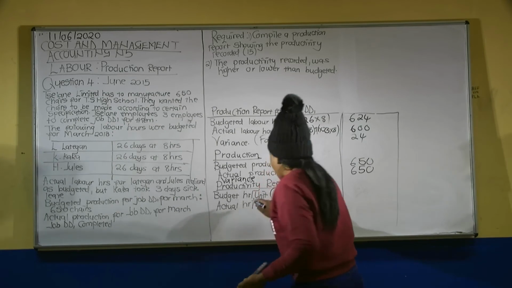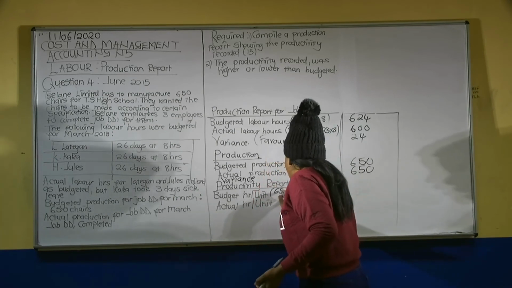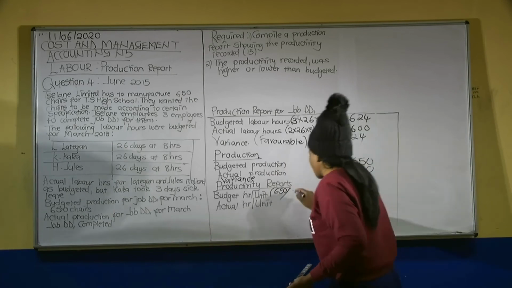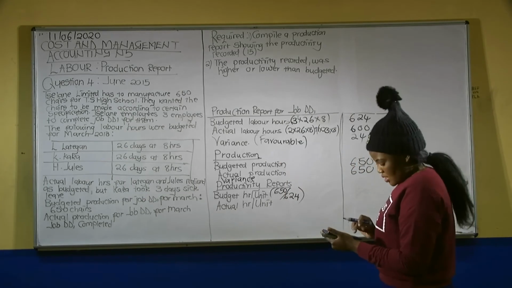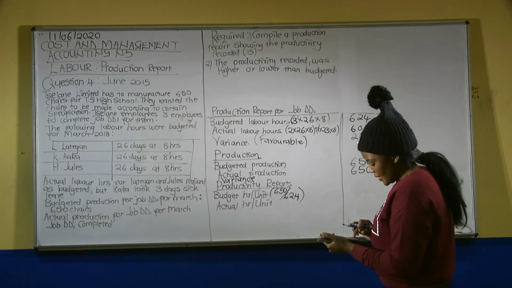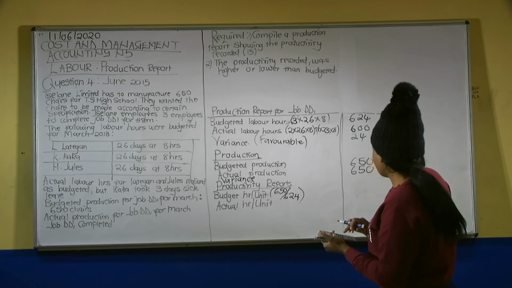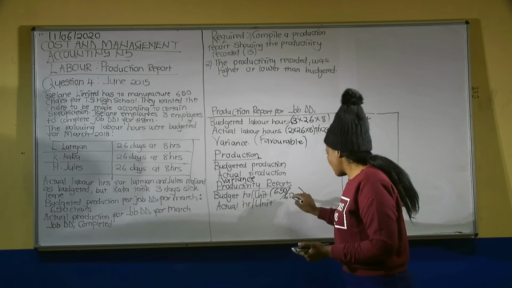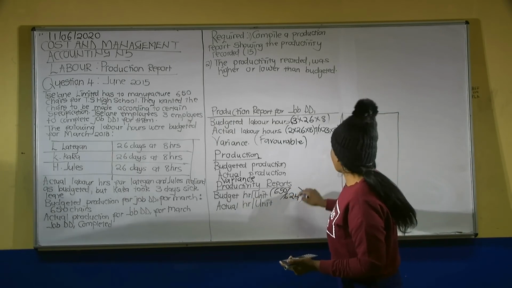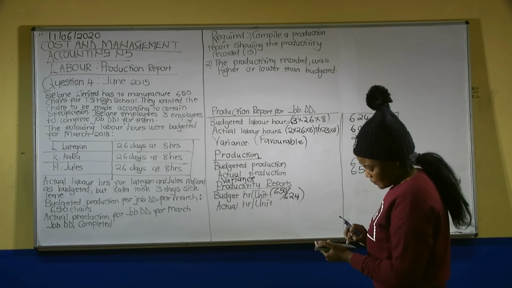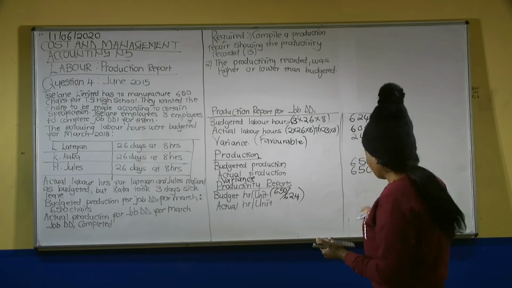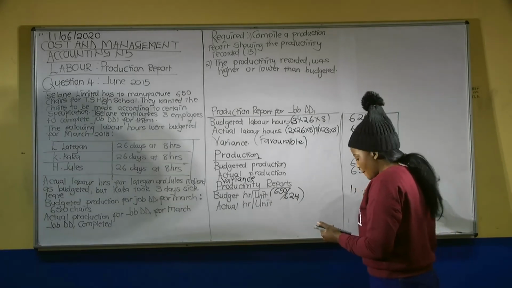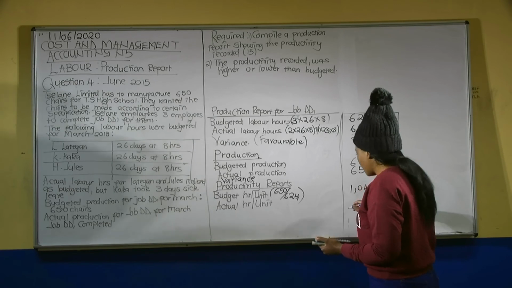Let me put it here so that you see: 650 units, budgeted hours 624. 650 chairs budgeted by 624 hours. Remember, 650 divided by 624 is 1.0.